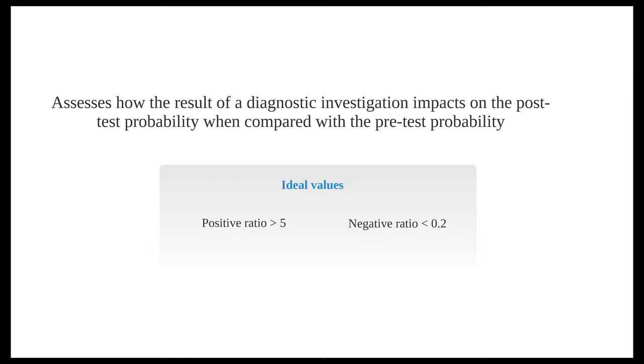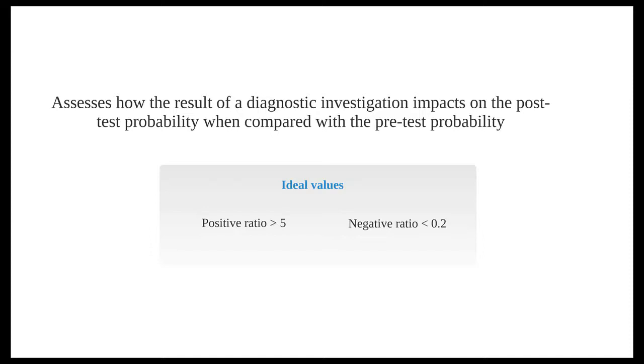This helps tell you how the result impacts on the post-test probability compared with the pre-test probability. And generally speaking, the further away the likelihood ratio is from 1, the more likely that the diagnostic test is associated either with the presence or the absence of disease.